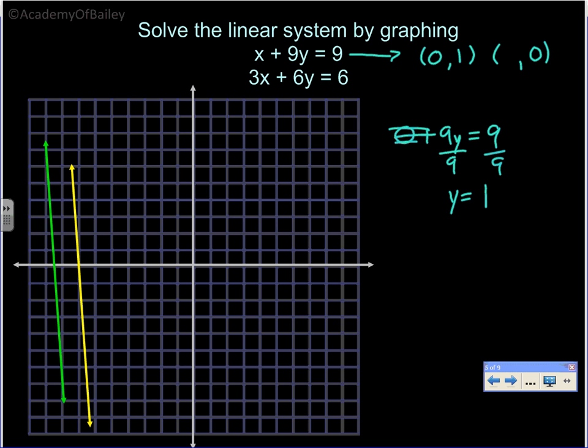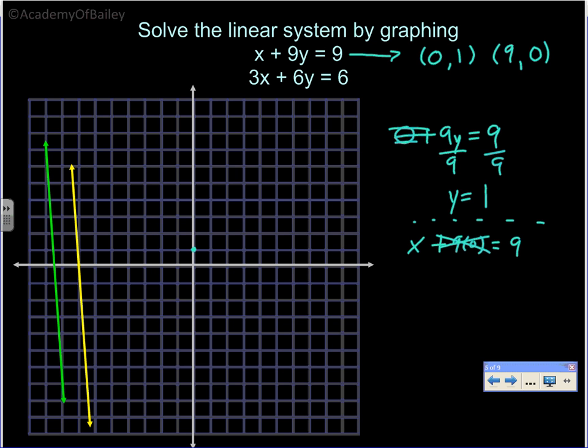For the second one, if we let y equal 0, it's going to be x plus 9 times 0 is equal to 9. 9 times 0 is 0, so then x would equal 9. And we go ahead and write that in there. So that way we have our two intercepts. Our first intercept, 0, 1, left and right 0, and up 1.